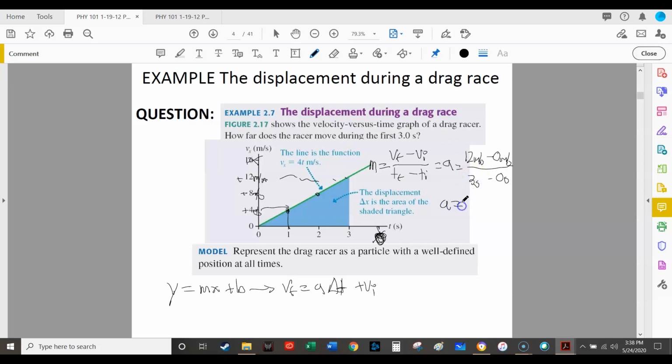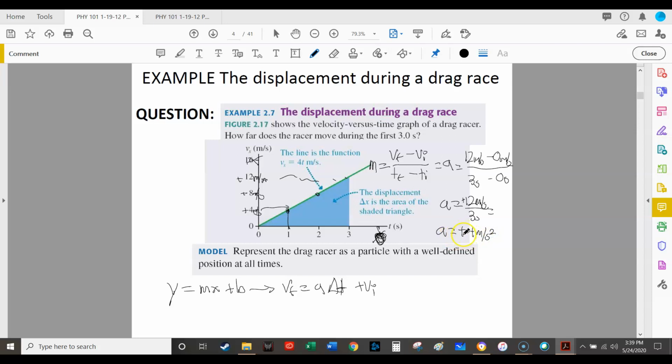So the object has a change in velocity of positive 12 meters per second over 3 seconds. So that is going to work out to be positive 4 meters per second squared.